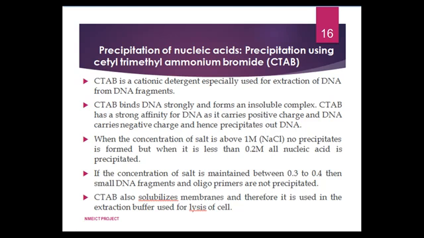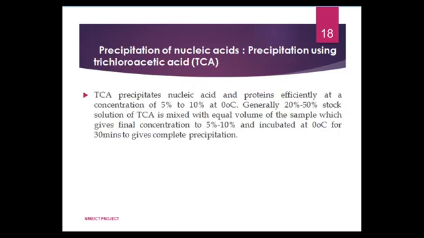Hence, CTAB provides a suitable way of extracting different sizes of DNA. Another important property is that it also solubilizes membrane, and therefore it is used in the extraction buffer for the lysis of cells. The last chemical which we can use for precipitation is TCA, that is trichloroacetic acid.